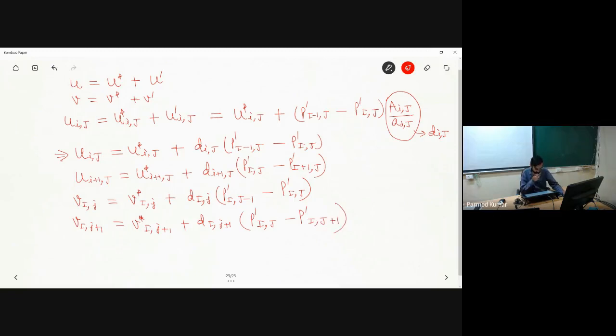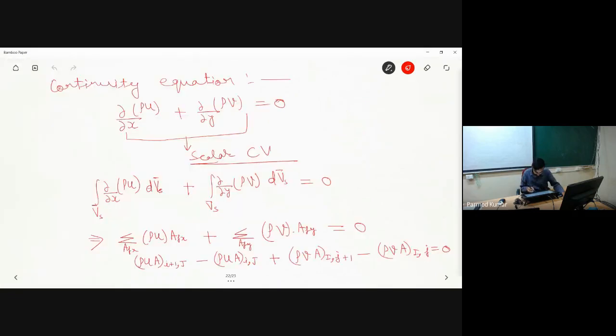So I have now obtained the equations for these different values. This is my main equation. Let me call it equation number 1. In equation number 1, now I will substitute the values of these velocity components.